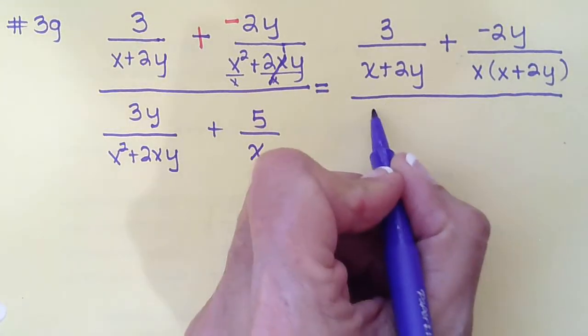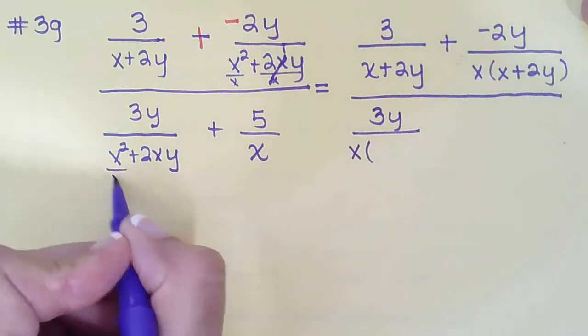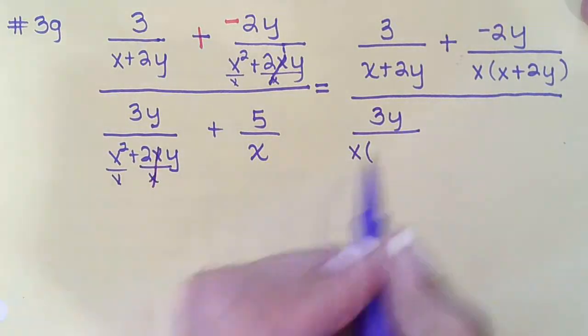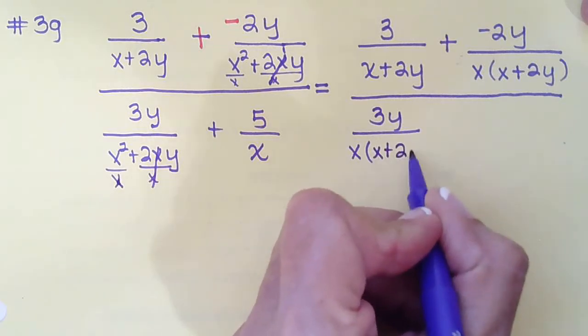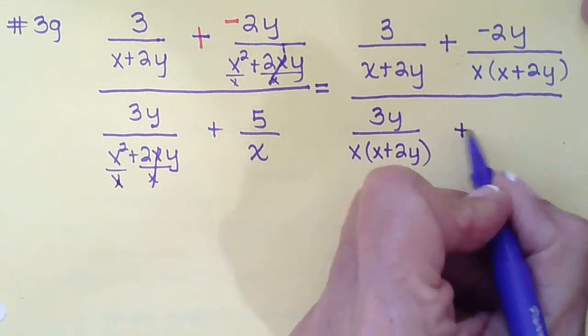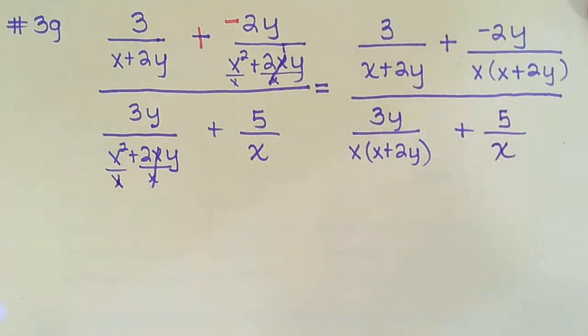So we have 3y, take an x out, divide each by x, and we get x plus 2y. Just like on the last one. And then last but not least, this one doesn't factor, so leave it as 5 over x.